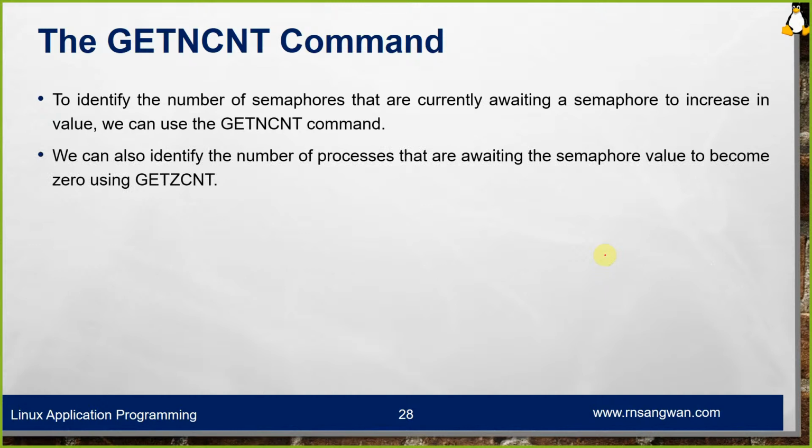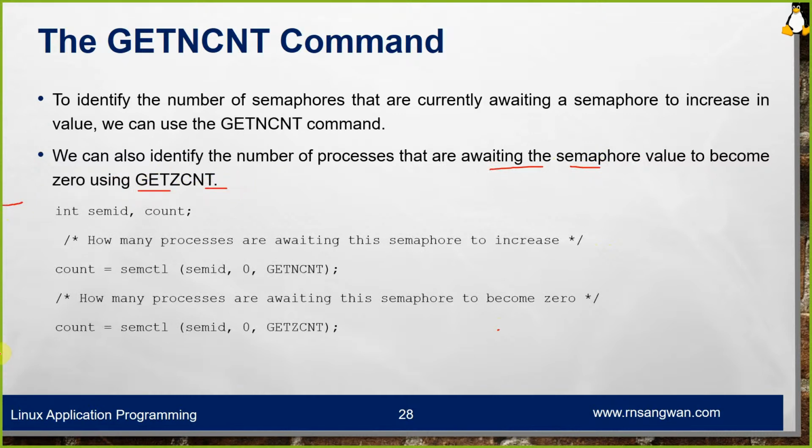We can also identify the number of processes that are awaiting the semaphore value to become 0 using GETZCNT. So this is the example. How many processes are awaiting the semaphore to increase? We can use this, and the result will be stored into count after we make this call.